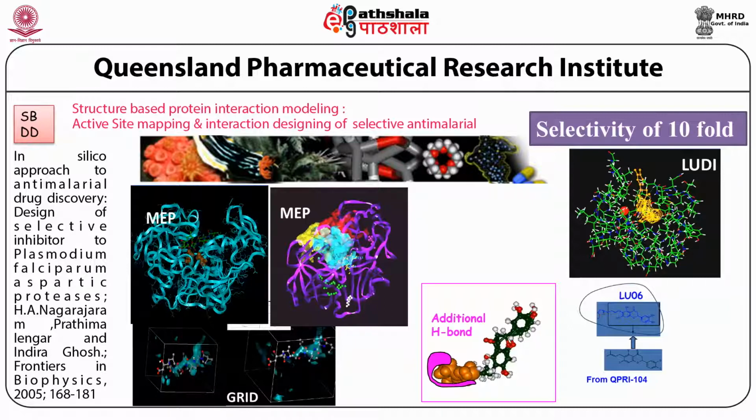The top picture shows how many trials we have done. Many of those small mesh-like structures on Ludi show that many of them have been tried. So we got the selectivity, and it was 10-fold more.